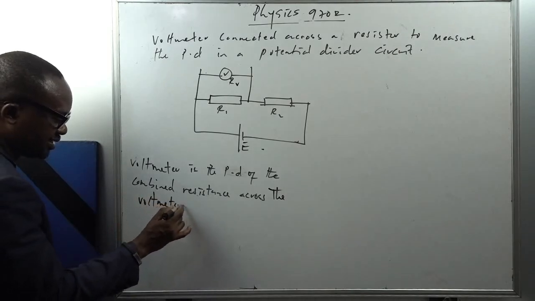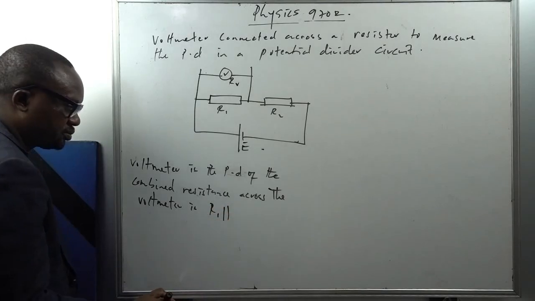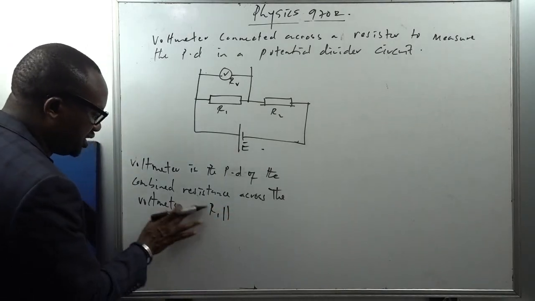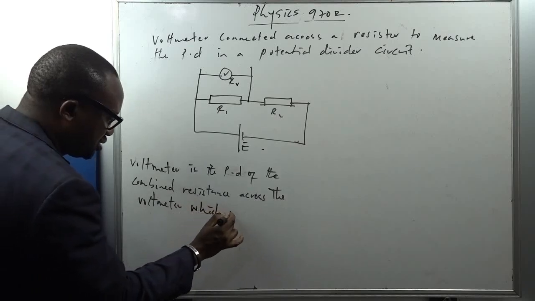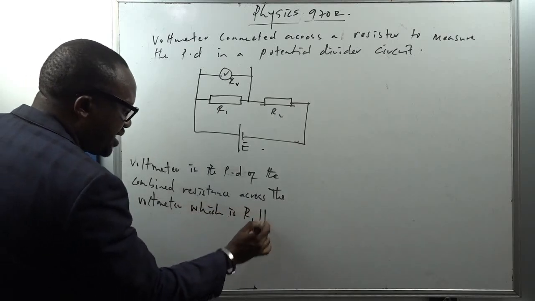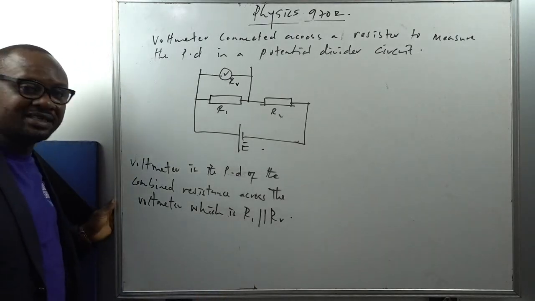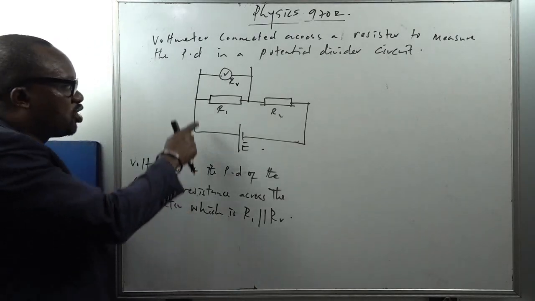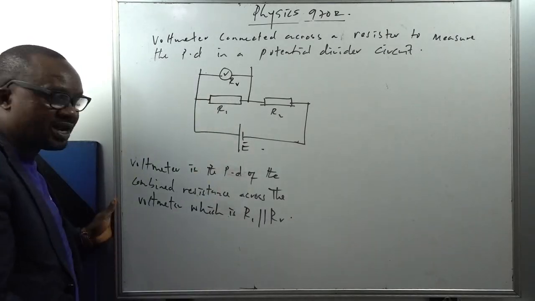Which in this case is R1 in parallel to RV.